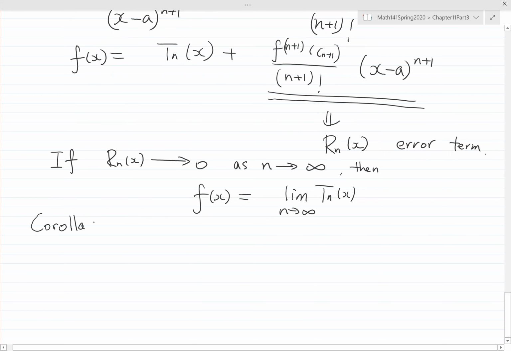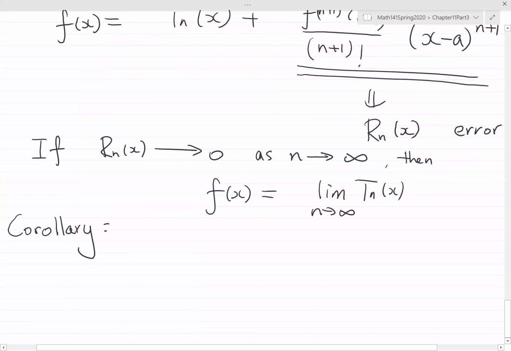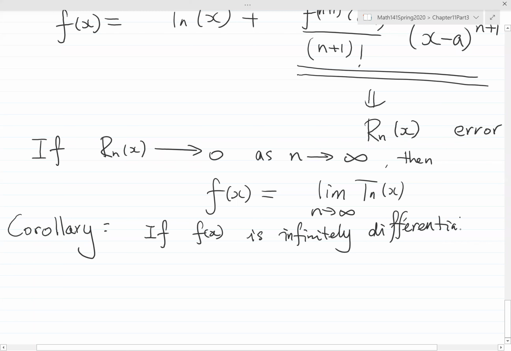Corollary: suppose that f is infinitely differentiable, so that we can push n to infinity and take the limit, on a to b. That is, we can take the nth derivative for all n, and the nth derivative of x is bounded by L for all x in a to b and all n.